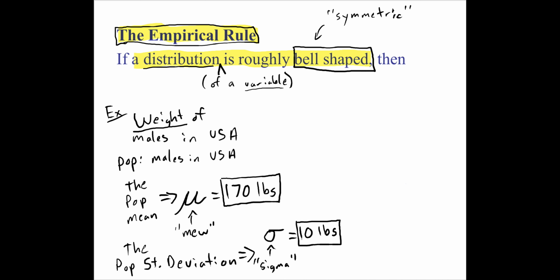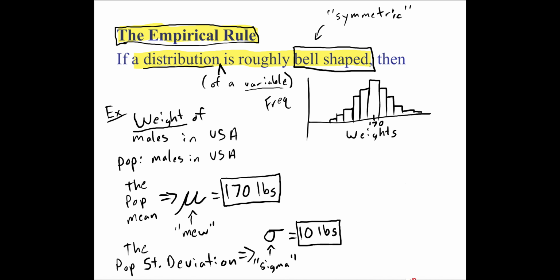If you graphed a little histogram of the weights of every male in the United States, it might not be perfectly even. And so we're going to take this sort of idea and make a smooth curve out of it.